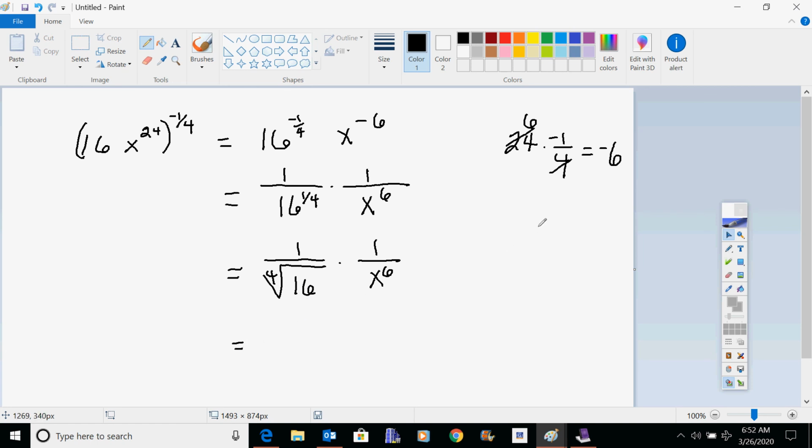That answer would be 2, because 2 times 2 is 4, times 2 is 8, times 2 is 16. So this is 1 over 2 times 1 over x to the 6th power, which is 1 over 2x to the 6th power.